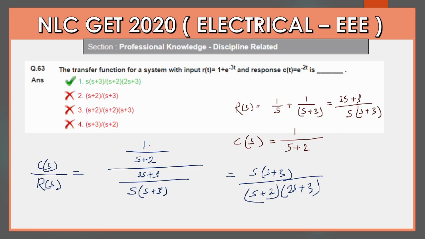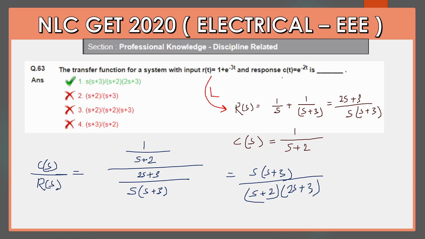Next question, the transfer function of a system with input r(t) equal to 1 plus e to the power minus 3t and response c(t) equal to e to the power minus 2t each. If you find the Laplace of this, you will get R(s) equal to 1 by s plus 1 by s plus 3.